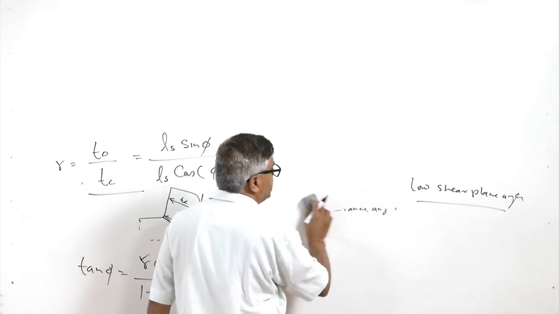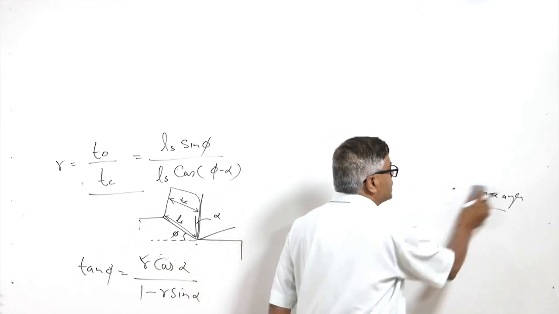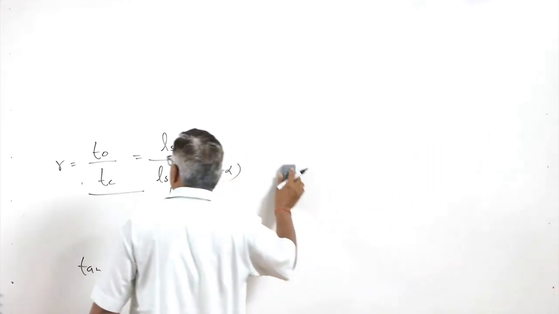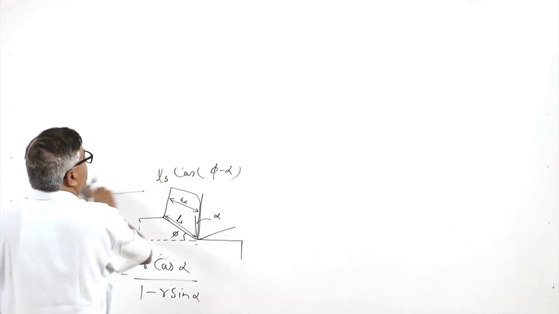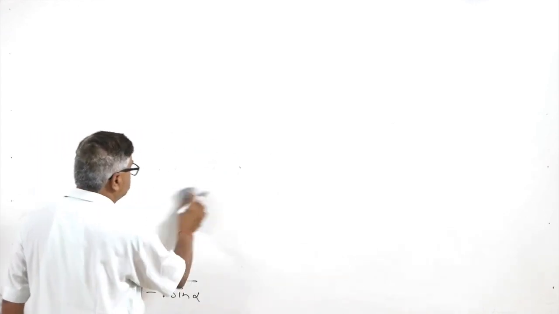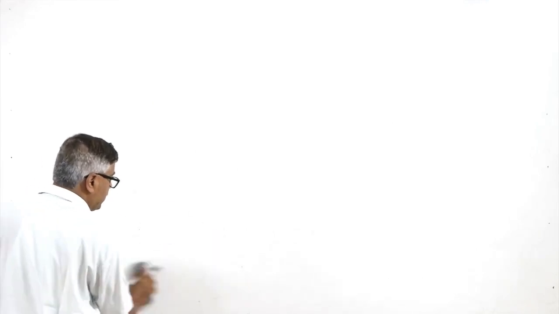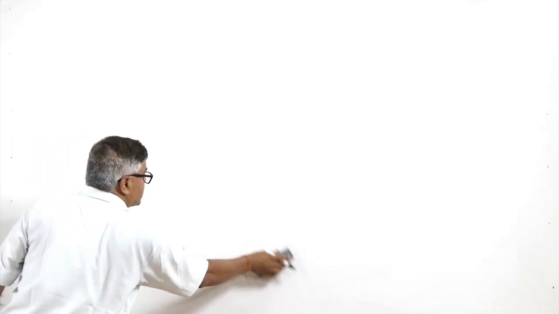Efforts are always made to increase the shear plane angle, so that the shear plane length can be reduced, which in turn will help in reducing the power consumption or the force required for shearing. Similarly, when the material passes through the shear plane, it is strained severely.